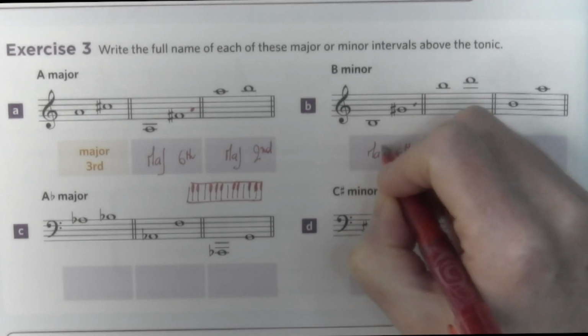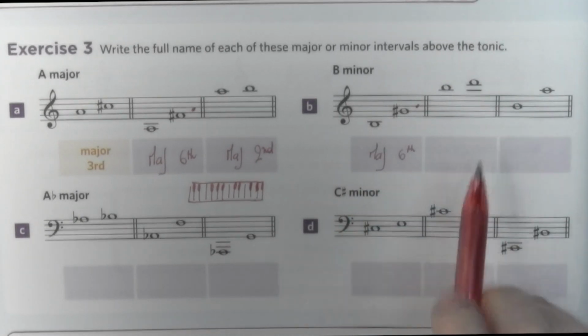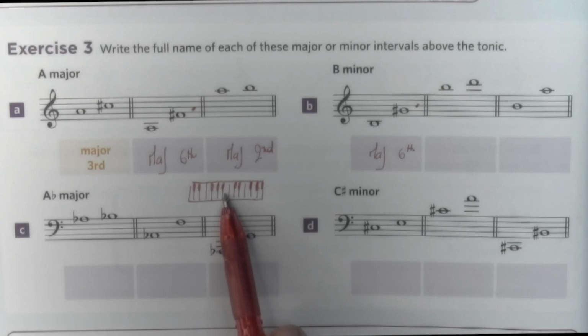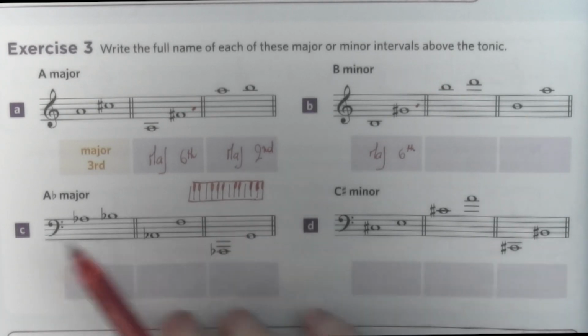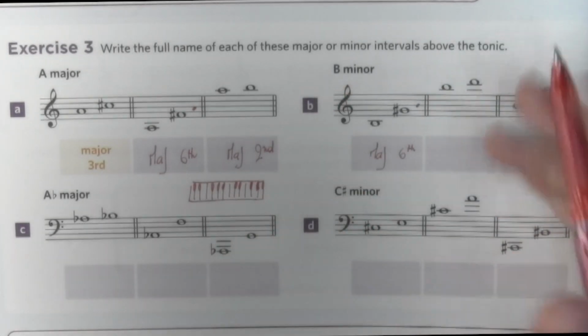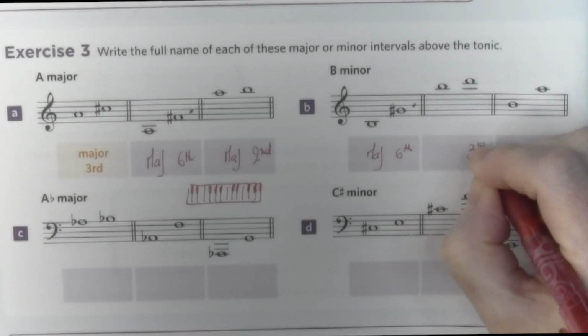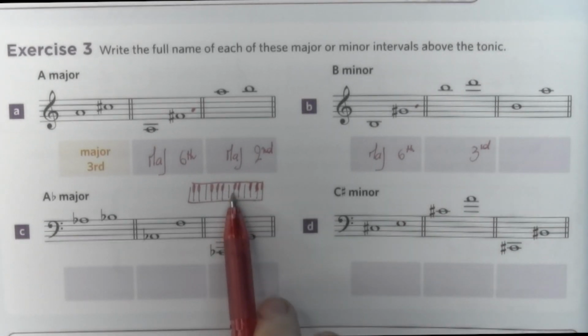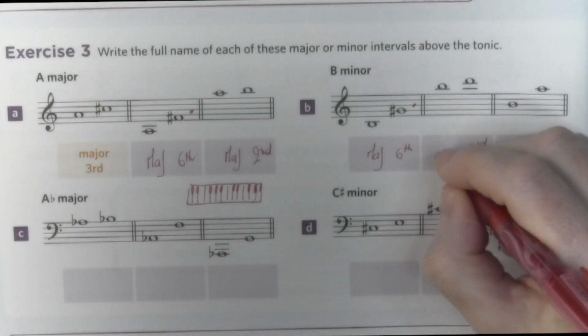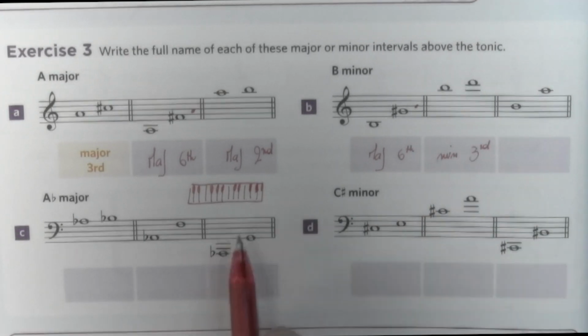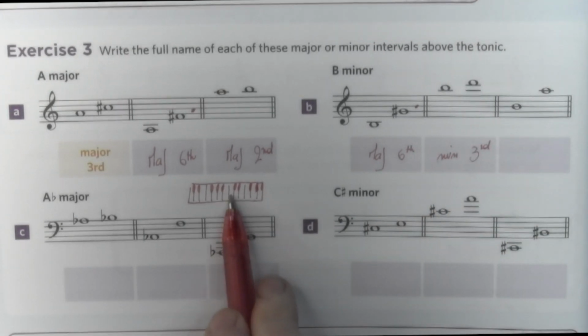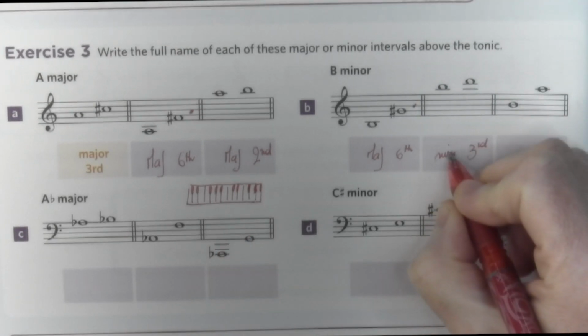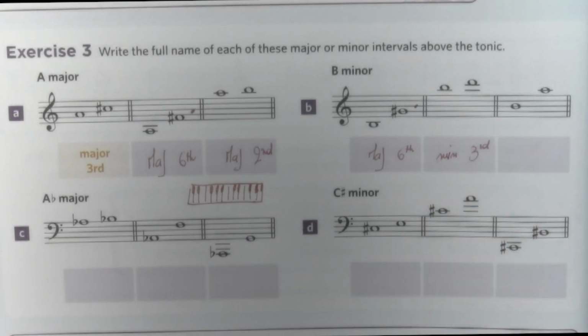So we have another major 6th. Si, re. Let's see, this is a third. Si, do, re, a third. 1.5, so again a minor third. I don't know what I've written here. Minor.